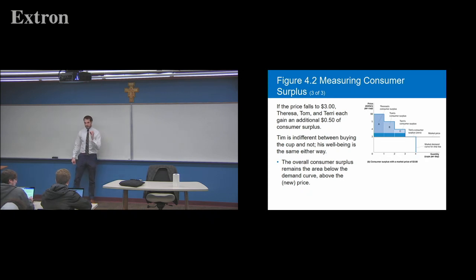His consumer surplus is 0 because he's being charged exactly what he's willing to pay for it. So in this case, with the lower price, the consumer surplus is still the area below the demand curve and above the price, the same as before, just now with a different price.